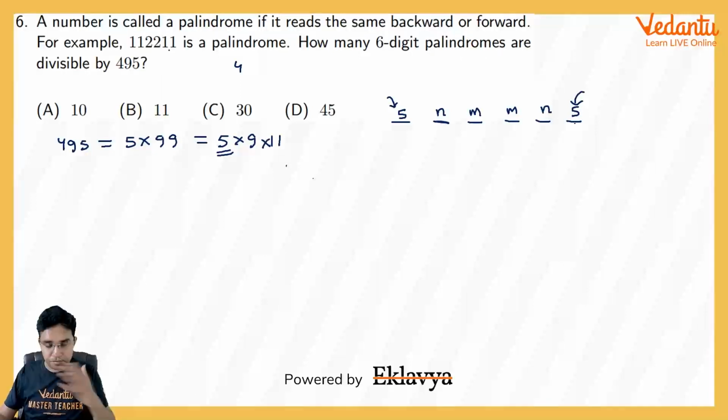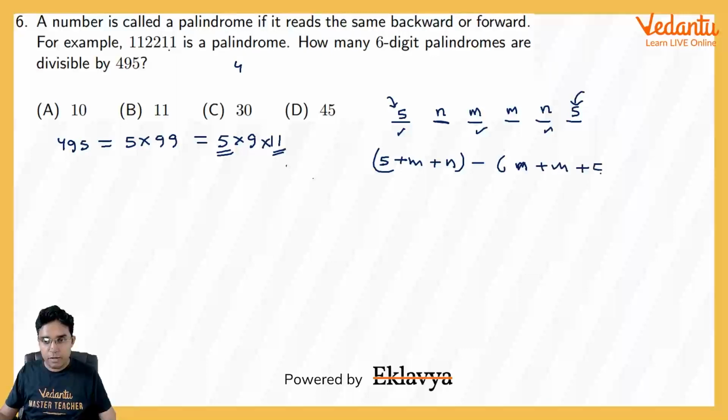Now, I have to make sure that it's a multiple of 11 or divisible by 11. I think that is very much easy, because the divisibility test of 11 is just that you add the numbers at alternate places, 5 plus m plus n, and take the difference with the remaining n plus m plus 5, and this comes out to be 0, so it has to be a multiple of 11.